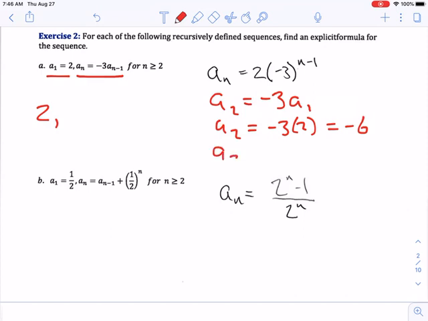A sub 3 is going to be negative 3 times negative 6, the term before it, which would be a positive 18. And so our terms kind of go like that. And so we have alternating terms, so that we have a negative 3 raised to a power.